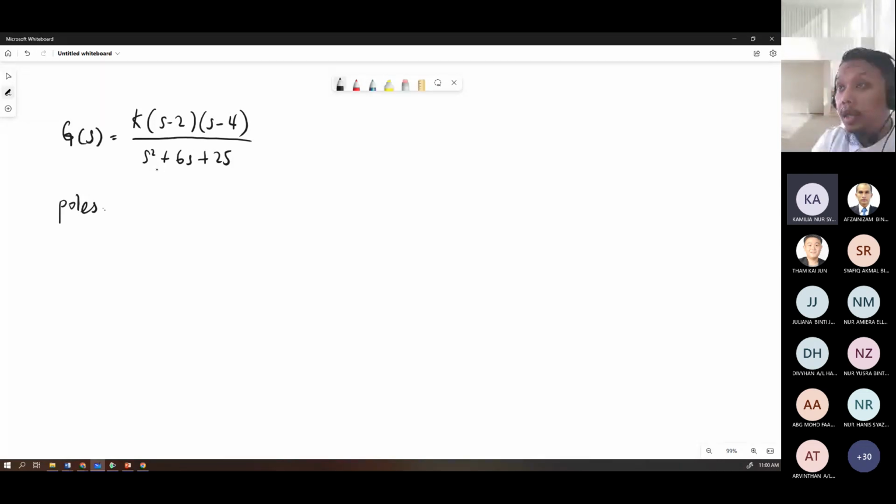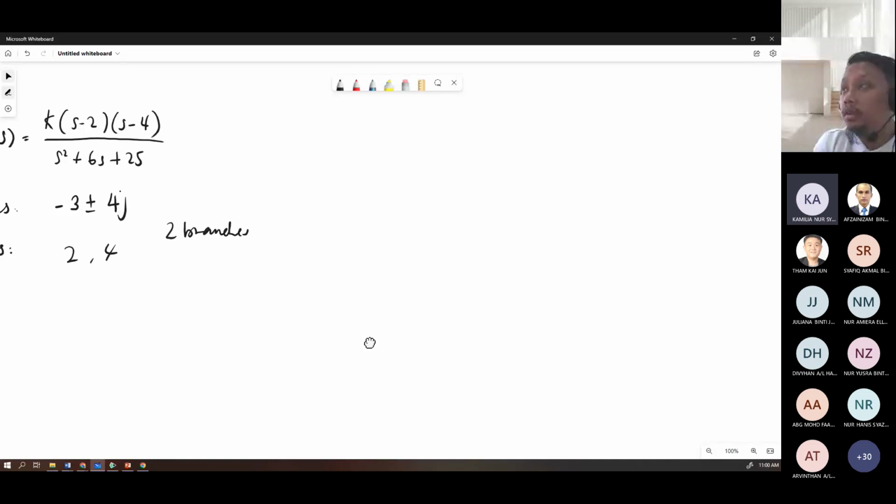So you get poles equals minus 3 plus minus 4j, and then zeros, it's simply 2 and 4. So you have 2 poles and 2 zeros, meaning that you have 2 branches. Then you can sketch this on S-plane.